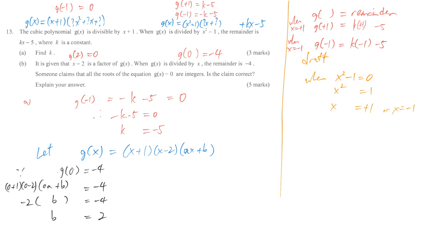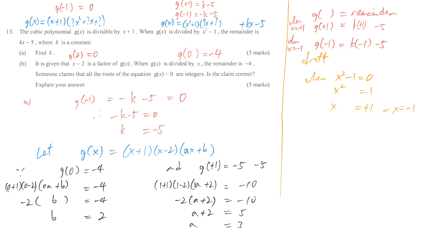So maybe we try g(1) equal to k, which is negative 5 minus 5. (1 plus 1) times (1 minus 2) and then times (a plus b). X is replaced by 1, so therefore 1a here. Negative 2 times (a plus 2) is equal to negative 10, divide both sides by negative 2. So therefore a is equal to 3.